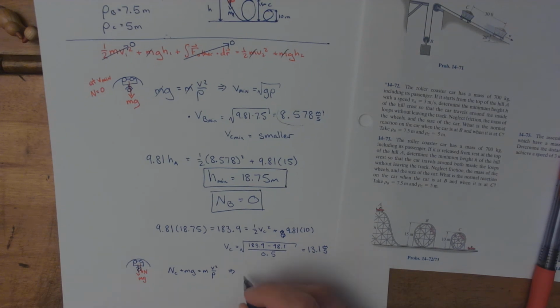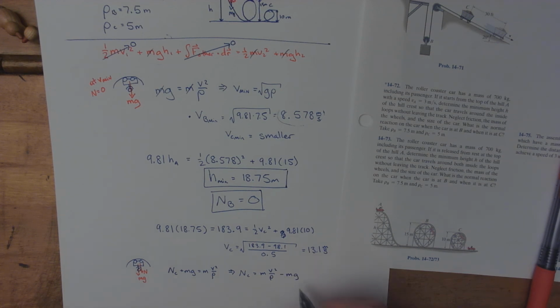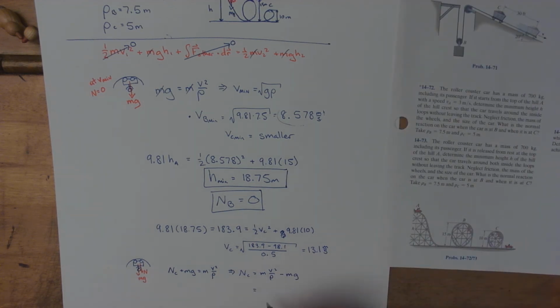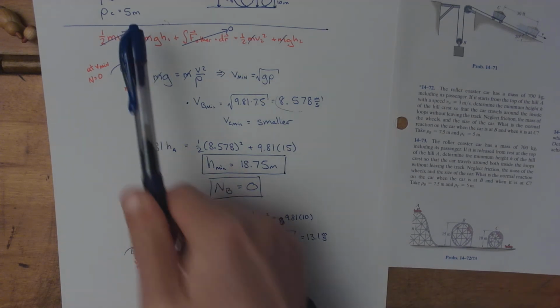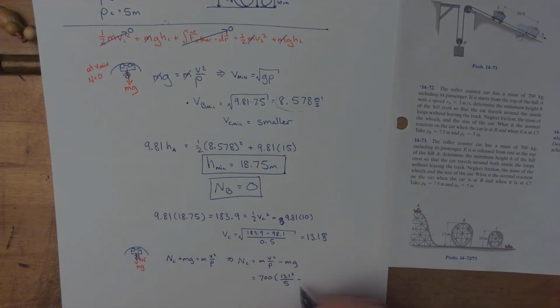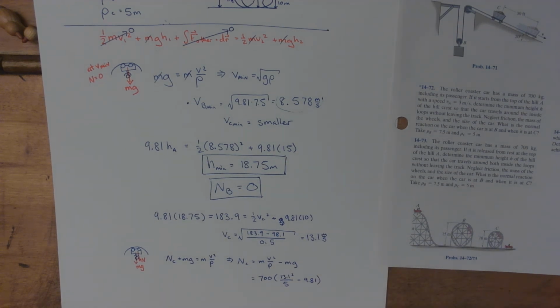Therefore, we can say the normal force at C is equal to mv squared over rho minus m times g. The mass is 700 and it appears in both terms, so let's pull that out front. v is 13.1, so this is 13.1 squared divided by rho, which is 5 when we're at C, minus, I already pulled the mass out, so this is minus 9.81. And that gives us 17.2 kilonewtons.